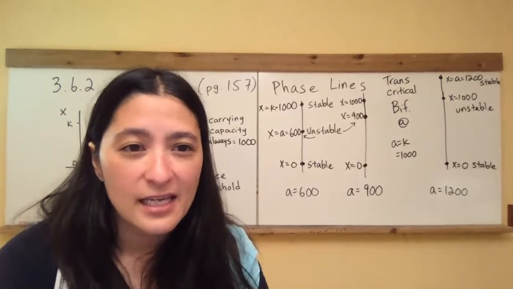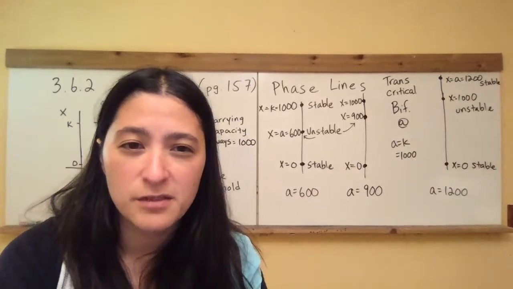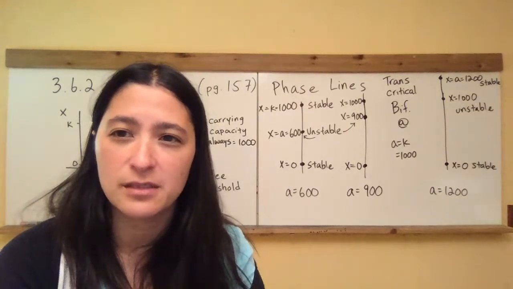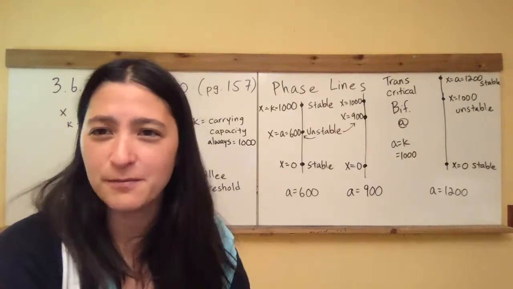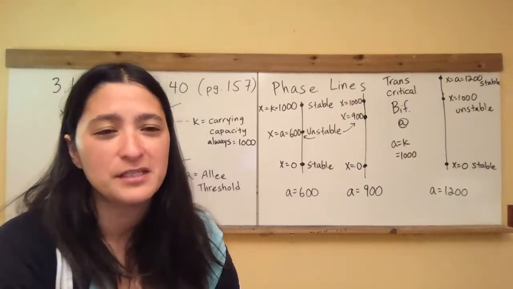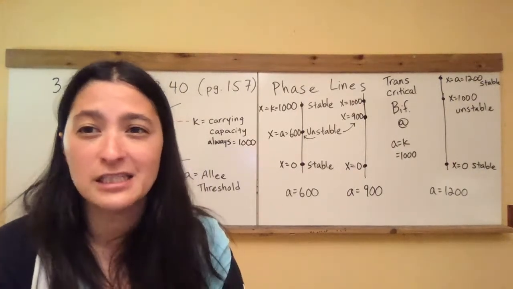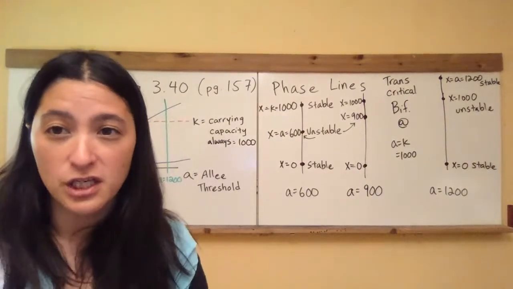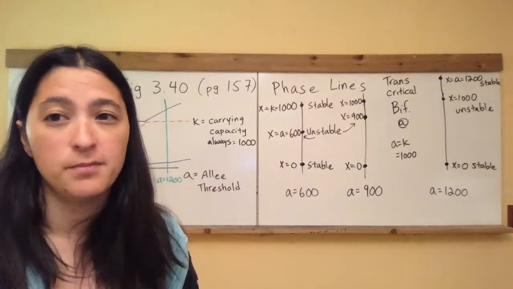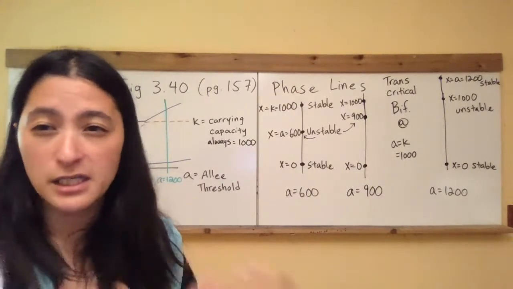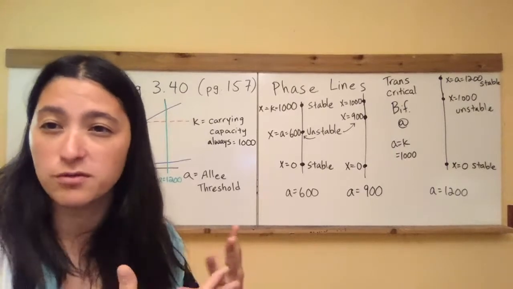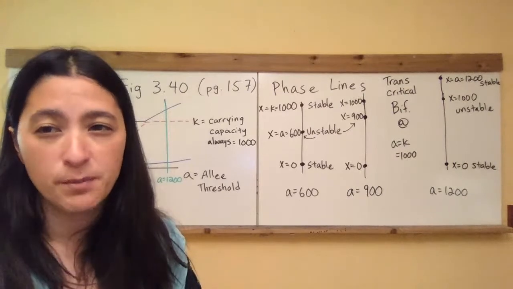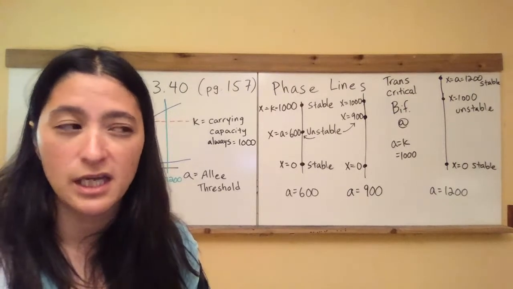Somebody else has said that conceptually it doesn't make a lot of sense to them for the LE threshold to be stable higher than the carrying capacity. I will have to think about it more. Yeah, and maybe I might want to ask Carrie about this, my teaching partner, because I thought the LE threshold was supposed to be some low value of the population below which it's hard for the population to survive. And the carrying capacity is supposed to be some high value of the population, which is the amount of the population that the environment wants to sustain.